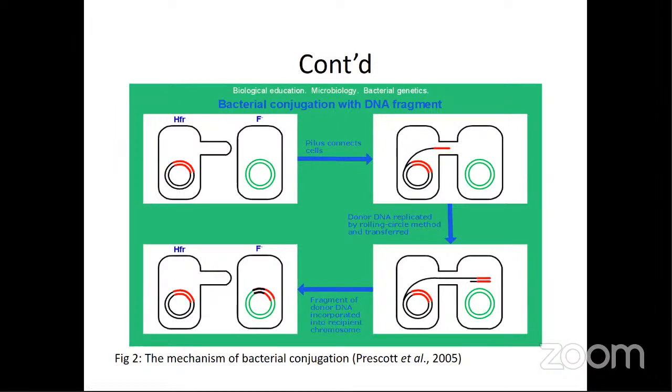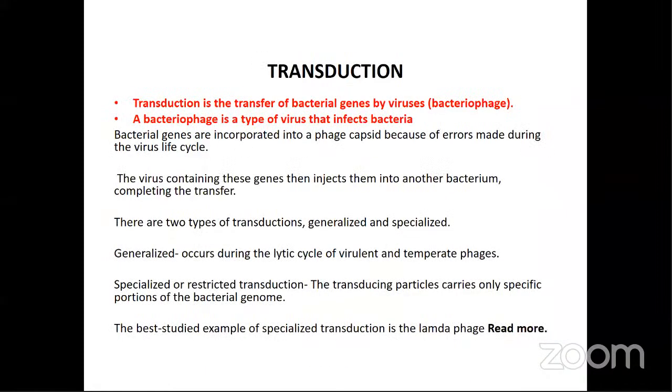So the third one is transduction. The third method of genetic transfer. Transduction is the transfer of bacterial genes by viruses, that is bacteriophage. We all have heard about bacteriophage in secondary school. A bacteriophage is a type of virus that infects bacteria.